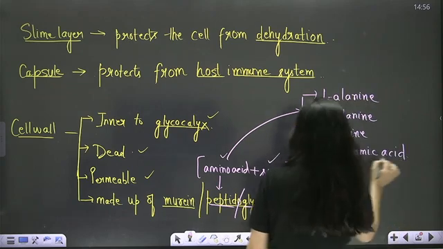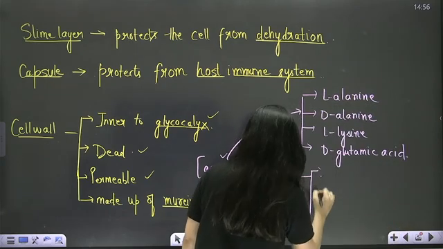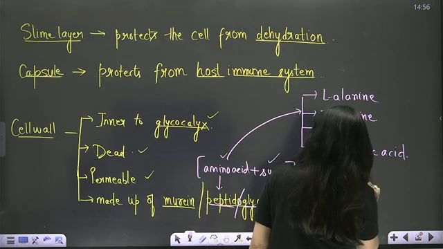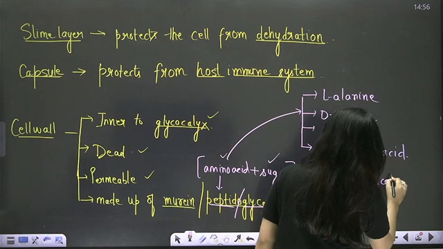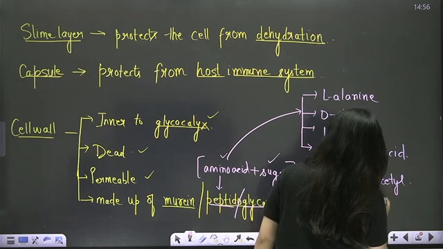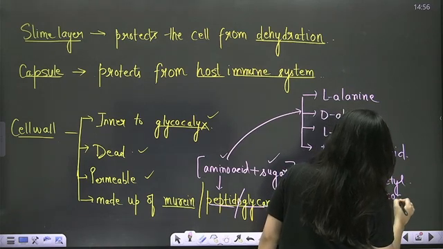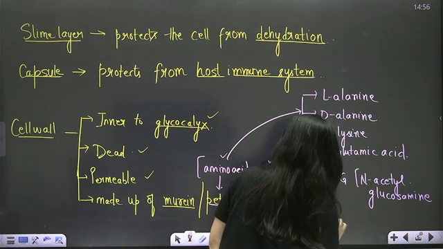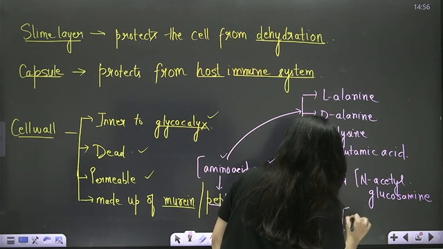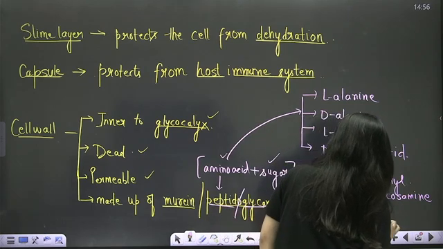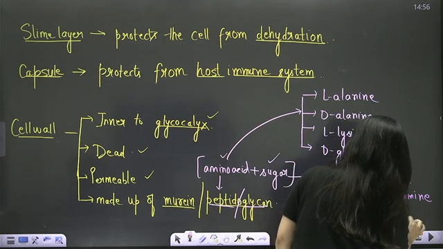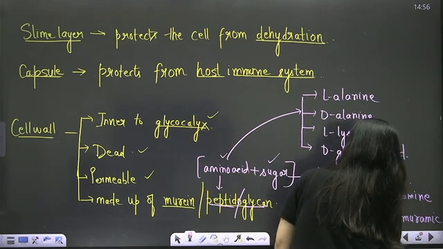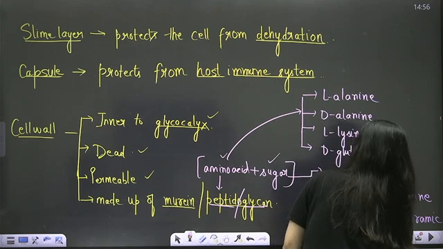Whereas the two complex sugars that make up the peptidoglycan are NAG, which stands for N-acetyl glucosamine, and NAM, which stands for N-acetyl muramic acid.